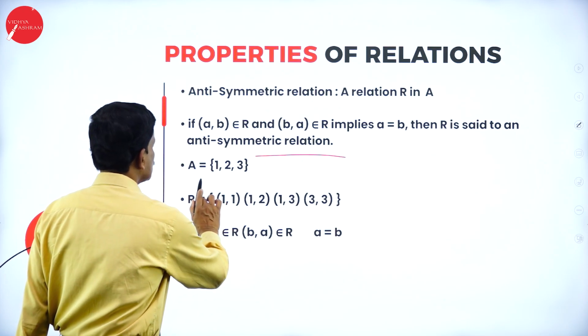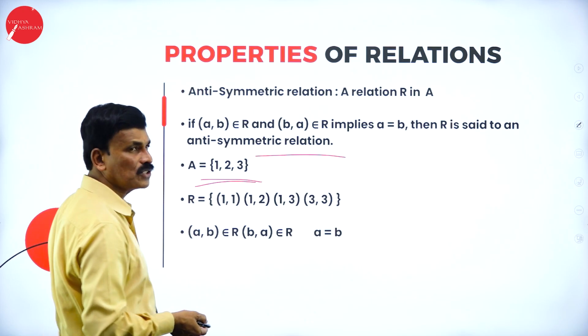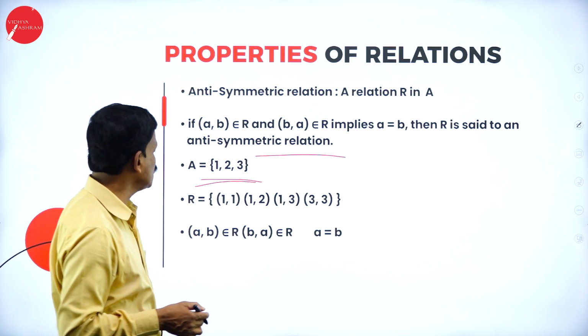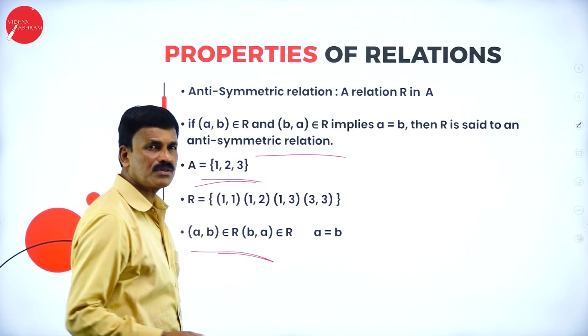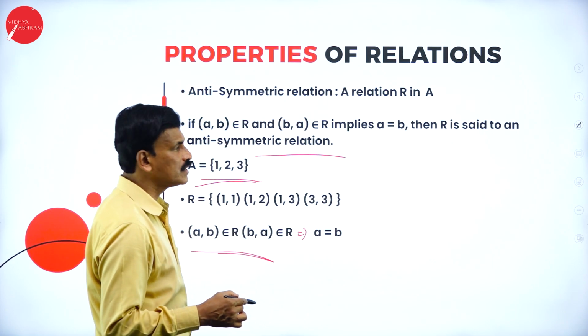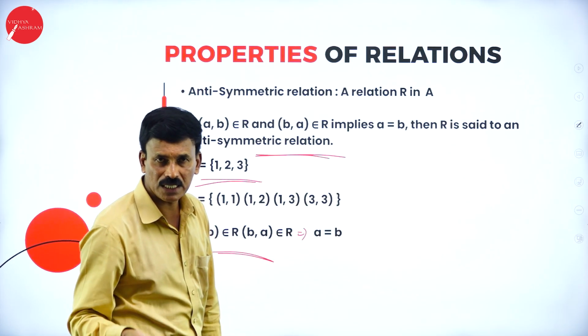Let us consider an example. If A = {1, 2, 3}, then the relation R = {(1,1), (1,2), (1,3), (3,3)}. So if (a, b) belongs to R and (b, a) belongs to R implies a = b, then such a relation is called an anti-symmetric relation.